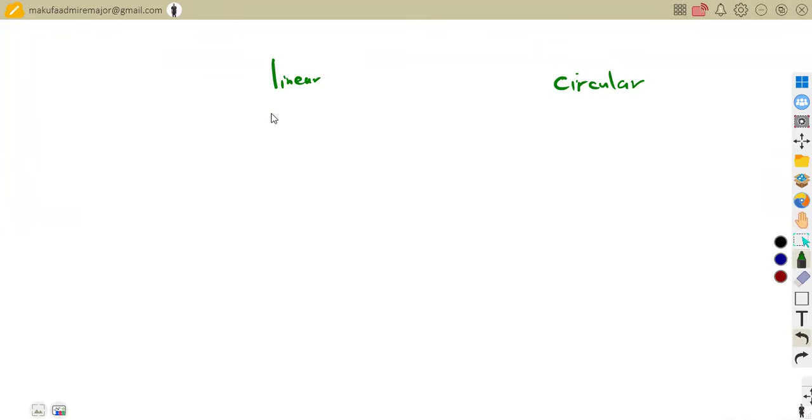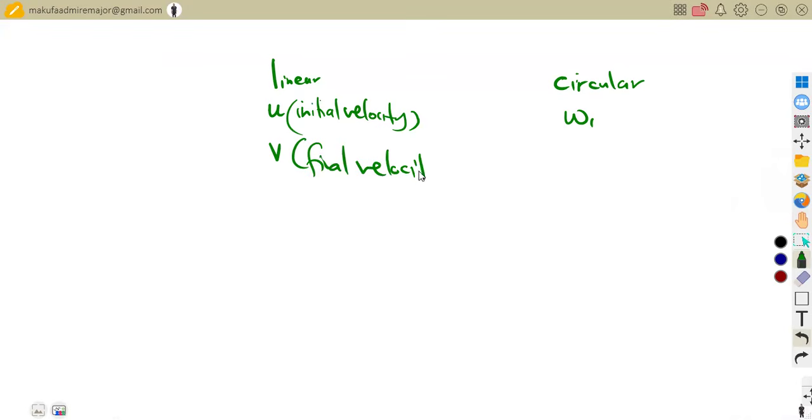When we've got the linear, I've got u representing our initial velocity. On the circular, it is going to be referred to as omega 1. v representing our final velocity, on this side will be referred to as omega 2.